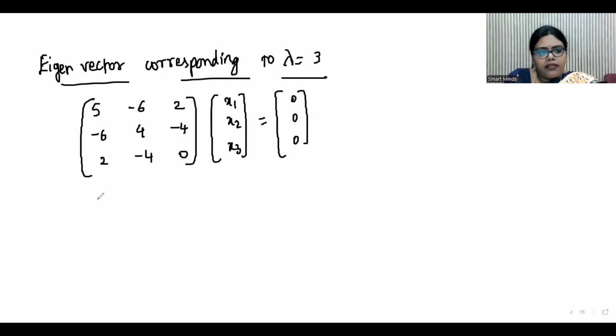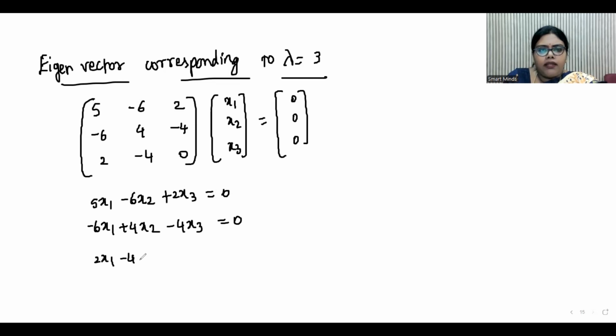Now if you multiply this, you will get 5x1 minus 6x2 plus 2x3 is 0, minus 6x1 plus 4x2 minus 4x3 equals to 0. Then 2x1 minus 4x2 plus 0 is equal to 0. So from the third equation, you will get 2x1 is equal to 4x2. So you will get x1 is equal to 2x2.